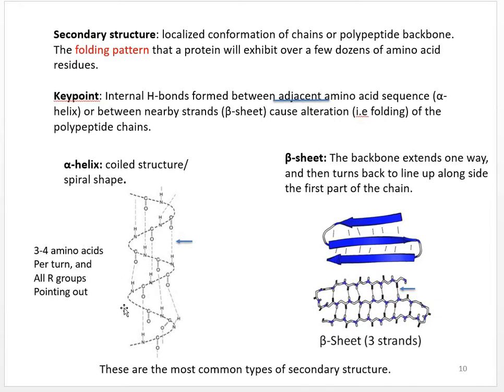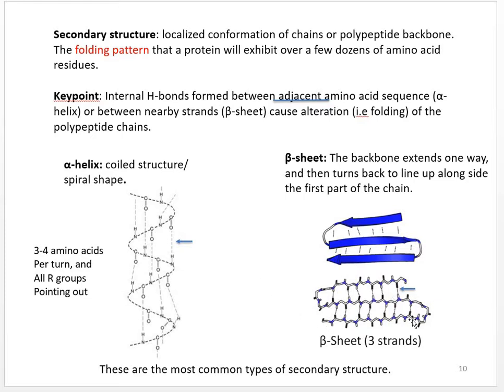Suddenly, because of this internal hydrogen bond, it becomes folded. Same thing with the beta sheet. This backbone, like we mentioned in the primary structure, extends one way and suddenly makes a turn back to line up alongside the first part of the chain, and all of this is because of the formation of the hydrogen bond.